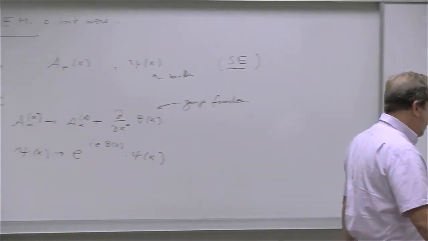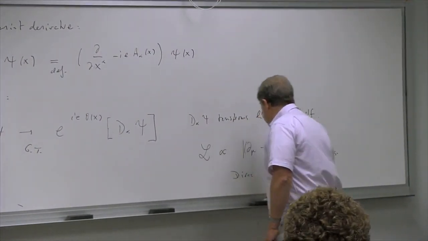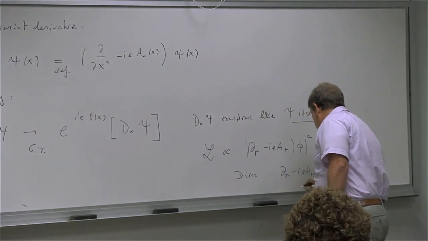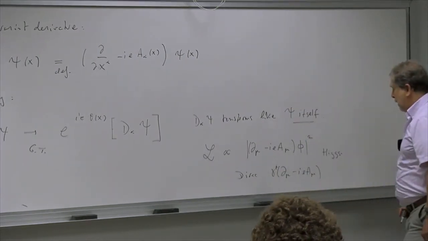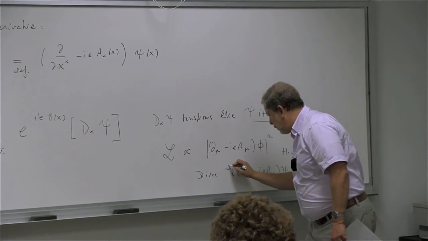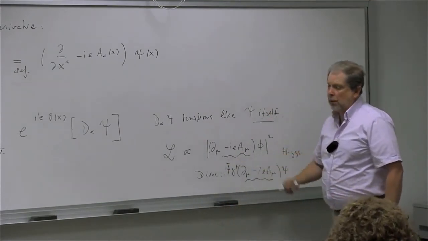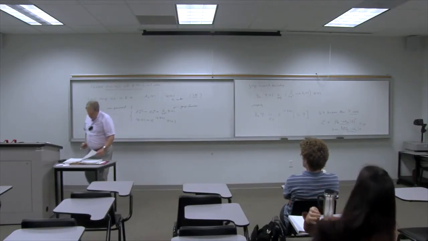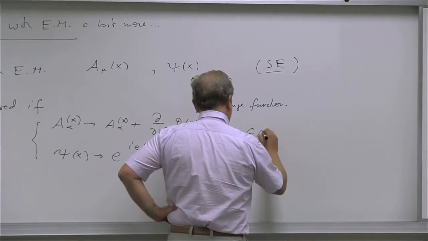And for the Dirac field, the same story applies. If you have the Dirac equation, then you will still use d mu minus i e A mu, and in that case you will multiply it by a gamma matrix, and then you will have a psi and a psi bar. So it is always this combination that ensures that you have something that is gauge invariant. So this recipe that works so well in electromagnetism and that ensures that you have gauge invariance everywhere.